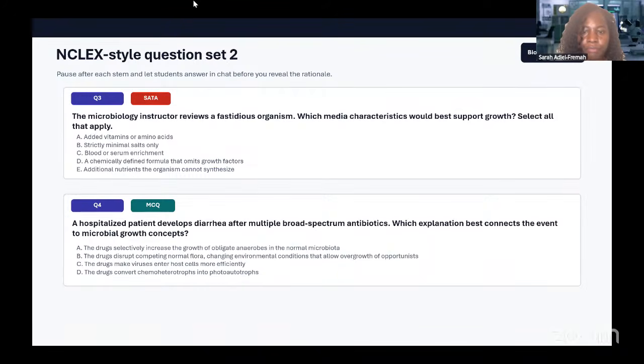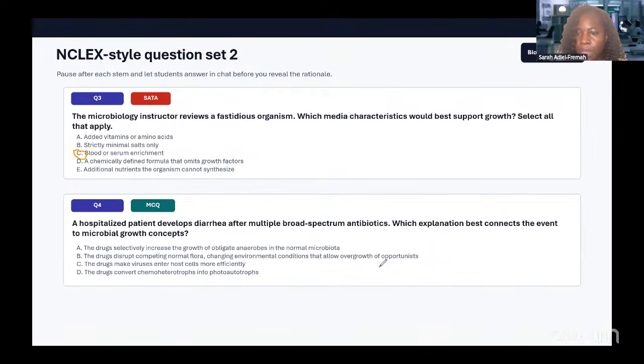Okay, so we have a feedback. Okay, so someone is saying C has to be considered in there. I agree. So C has to be considered also. Any other option? Three of the options are actually needed for fastidious organism, and we would explain that shortly.